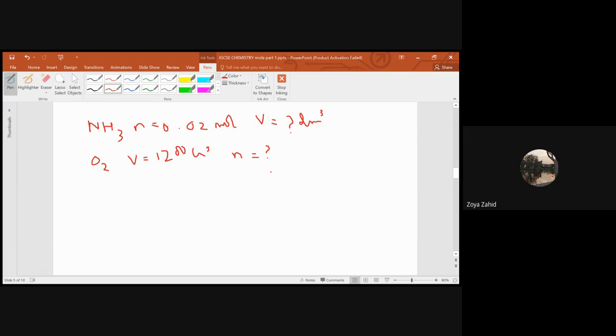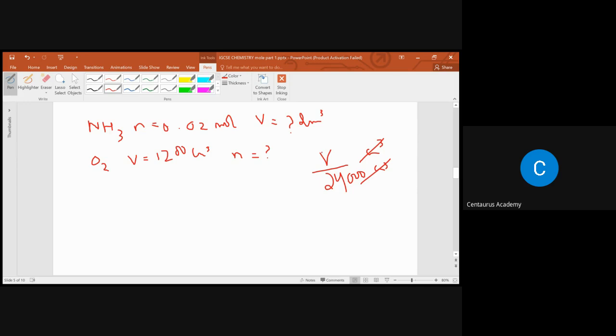No, why are you doing it separately? This is 1200 centimeter cube. So volume in centimeter cube divided by 24,000. Convert this molar gas volume in decimeters also into centimeter cube, because then only you will be able to cancel out both of these units. If you do it separately, your answer will be completely wrong.